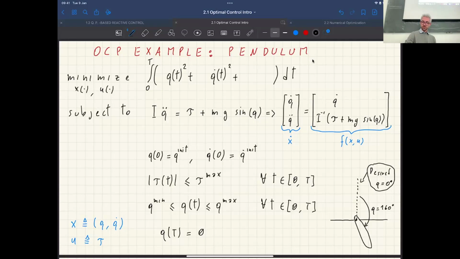What else do we have? You could also have the torques, yeah. And now we can weight them.